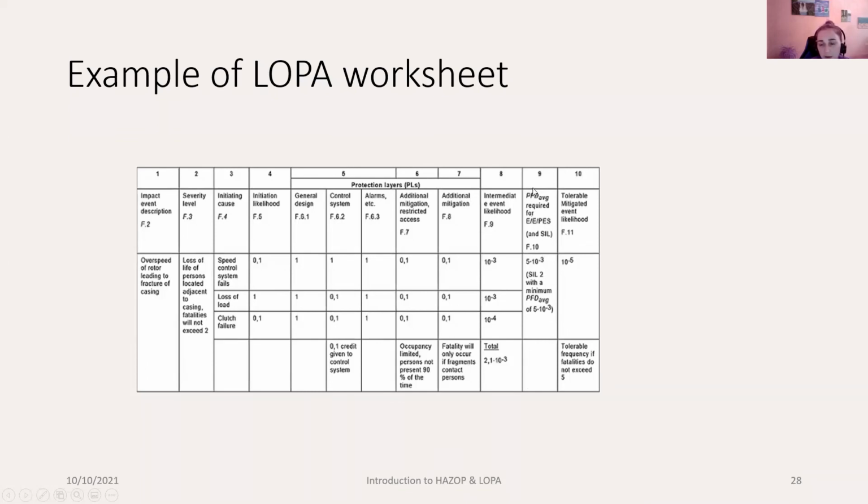So what are we doing? We are adding an additional scenario. You need to have an independent protection layer with a specific SIL rating, which will be 10 to the minus 3. By multiplying, this will lead us to the MEL, mitigated event likelihood, which will then be lower than the tolerable event likelihood.